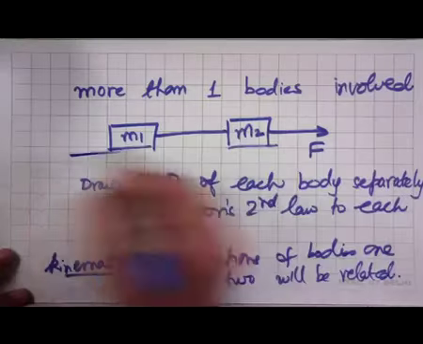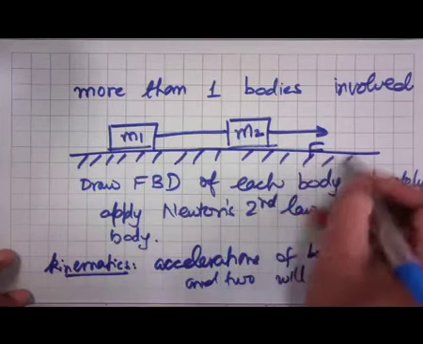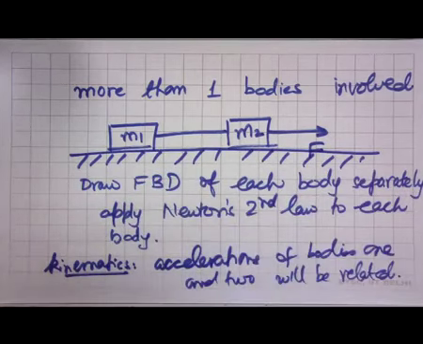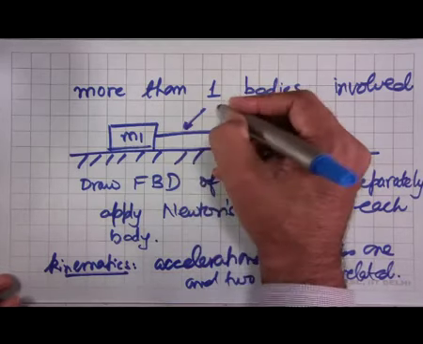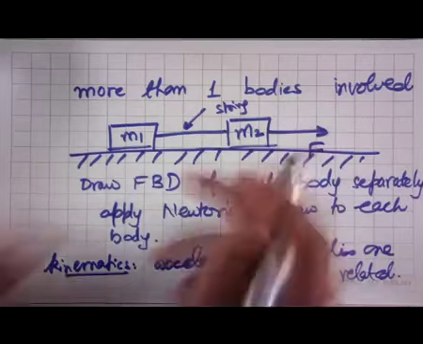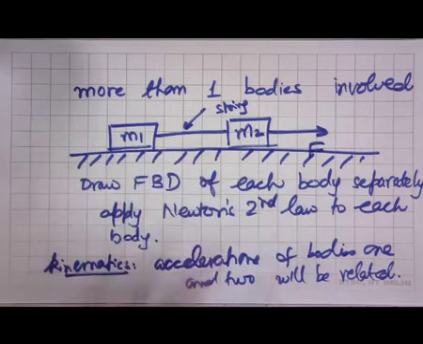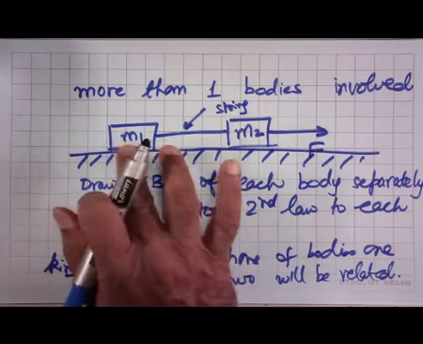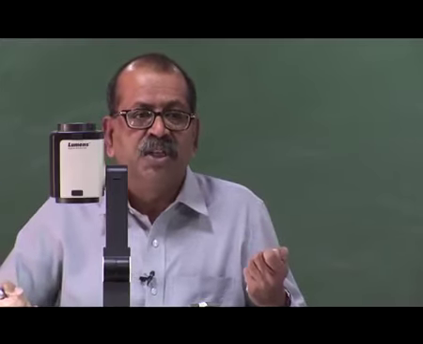For example, let us say these bodies m1 and m2 which I talked of are lying on a table and they are being pulled in the horizontal direction. If there is a string or a cord between these two bodies that cannot extend, its length is constant, then we can clearly say the acceleration of body 1 is equal to the acceleration of body 2, because the length of the string does not change.